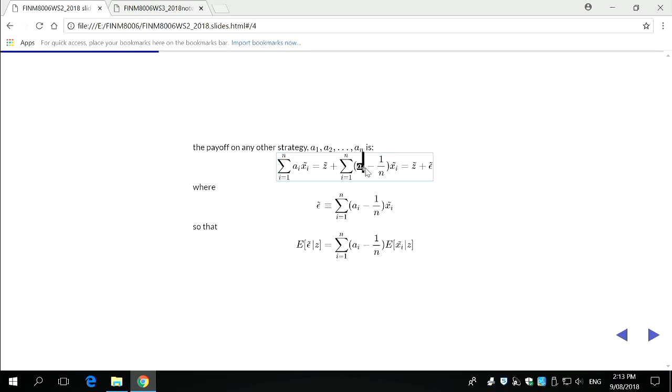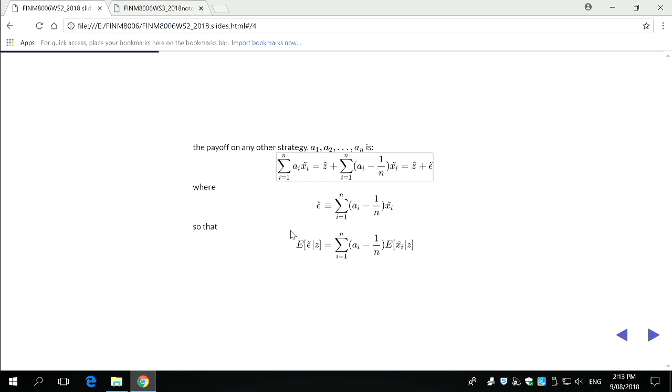Why alpha i minus 1 over n? Because in z tilde you have 1 over n of xi tilde. You add 1 over n and subtract 1 over n of xi tilde, but the summation of the 1 over n xi tilde part is just z tilde.